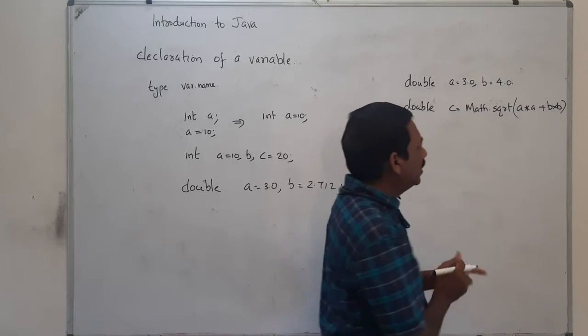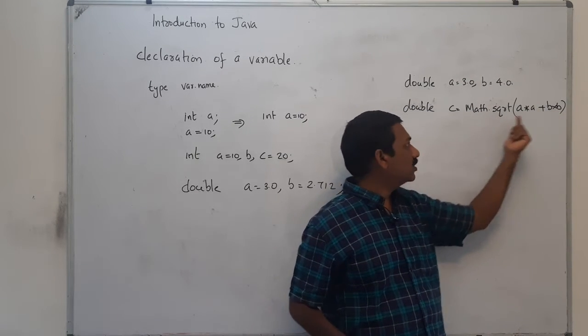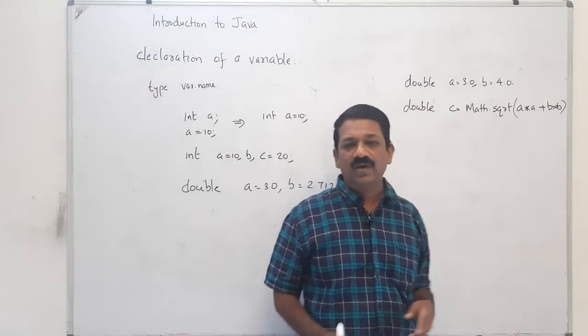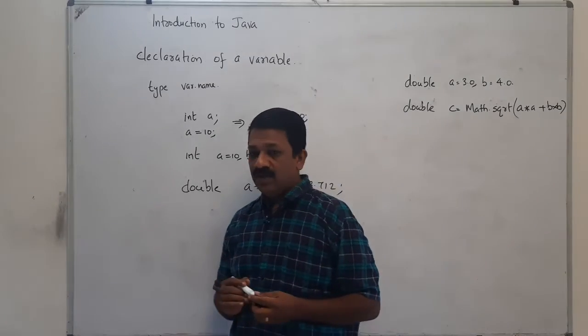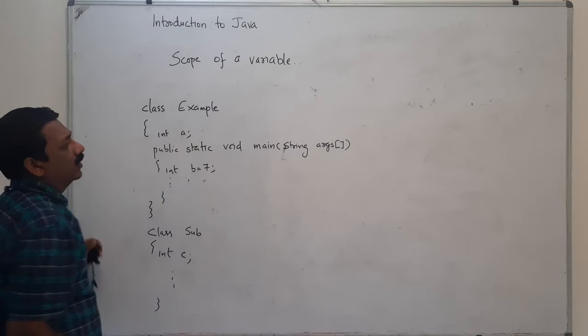That means a square plus b square, and the square root of that is calculated and that is assigned to c. Okay, this is the way you can initialize variables dynamically.